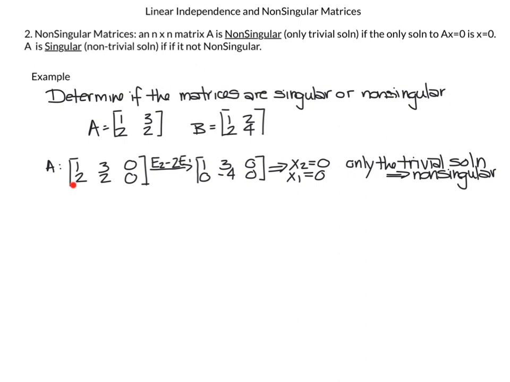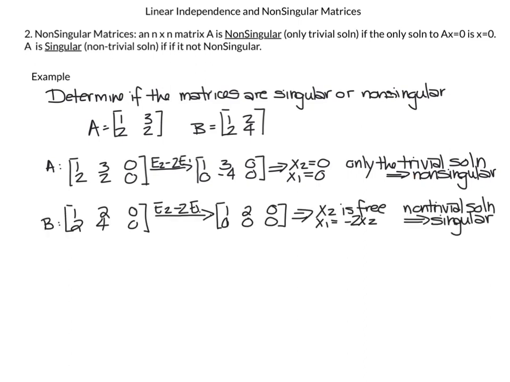To row reduce it, I do E2 minus 2E1, and I get [1, 3 | 0; 0, -4 | 0]. This gives me 0·x1 + (-4)x2 = 0, so x2 is equal to 0, and then my top equation means x1 is equal to 0. So there's only the trivial solution, which means A is non-singular.